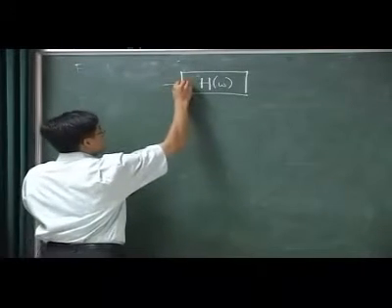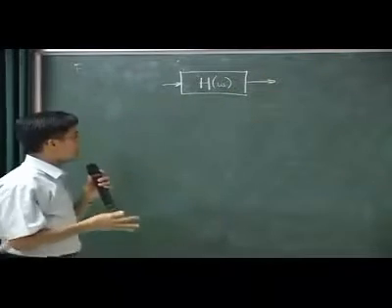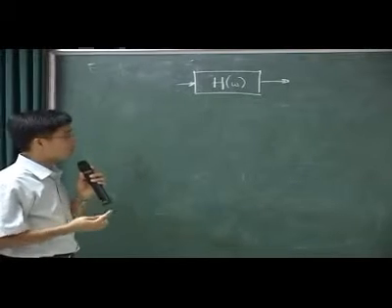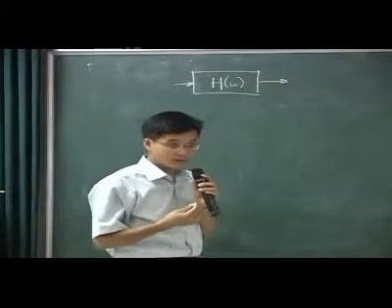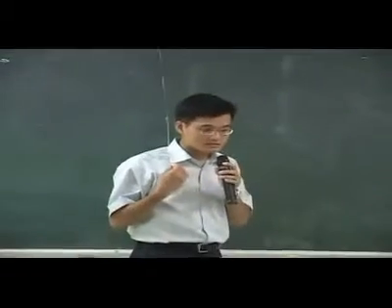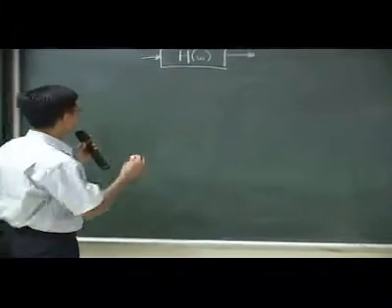Okay, so we go back to linear time-invariant systems, or a filter, and now look at what happens in the frequency domain. That's going to give us some guidance on how to design a filter.